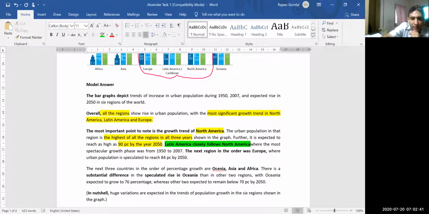I'll put a comma here because this is an additional detail given there. Latin America closely follows North America, because we're talking about present tense, the thing which is shown in the graph, where the most spectacular growth phase was from 1950 to 2007.